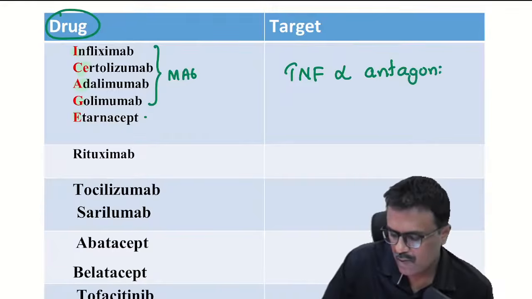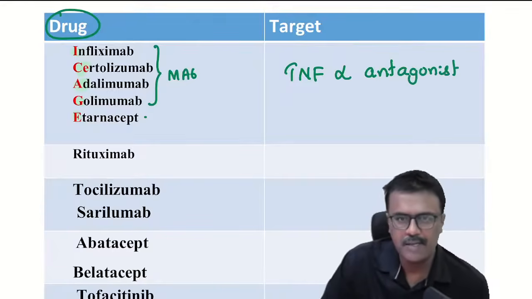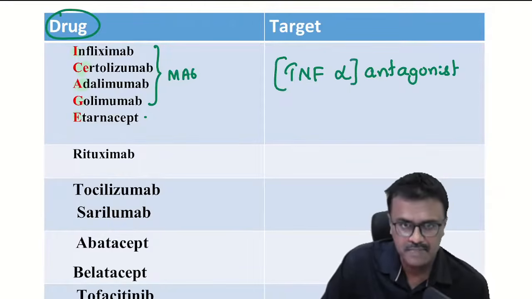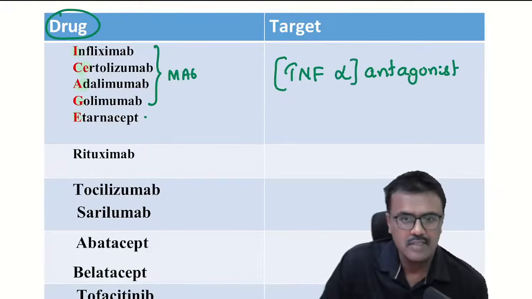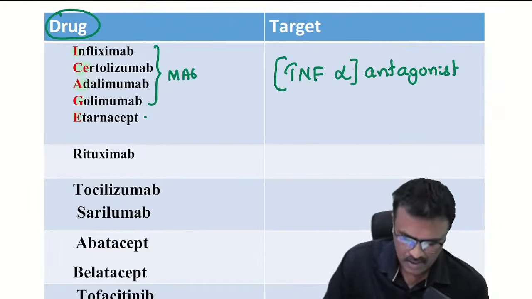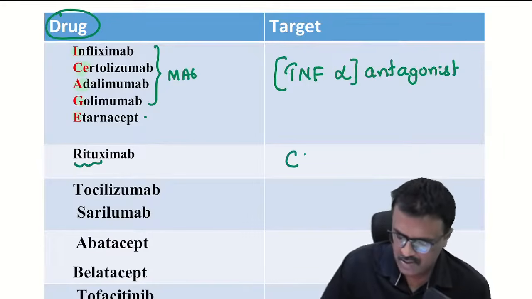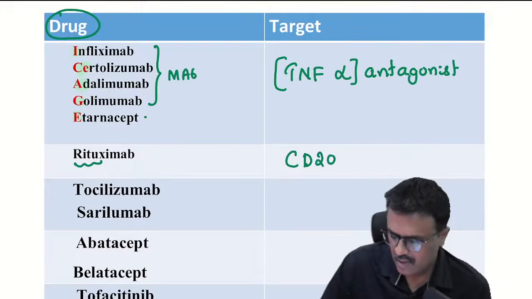But remember one thing, before starting them, you have to rule out hepatitis B and TB, because if you suppress TNF alpha, infections may increase. And certain cancers may also increase if you give this. Then rituximab, Rohit, T20. Rituximab is a CD20 blocker.